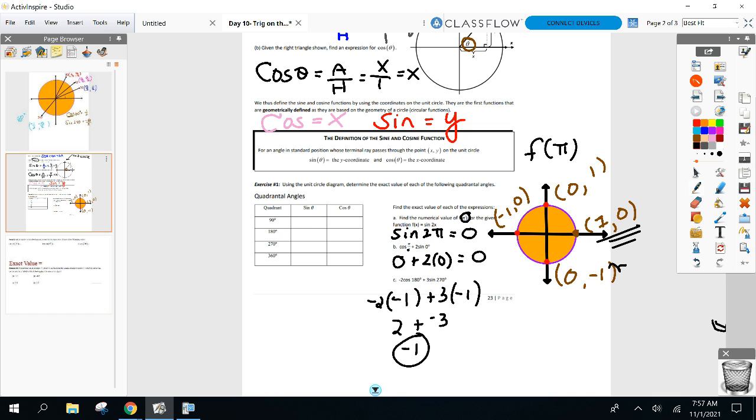You and your group are individually right now. Go, fill in that chart for me. If you're at 90, what's the sine and cosine? If you're at 180, 270, and 360, what's the sine and cosine?